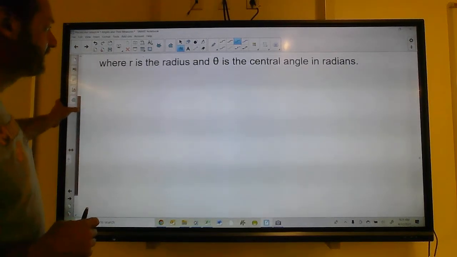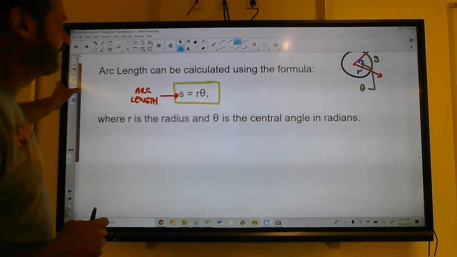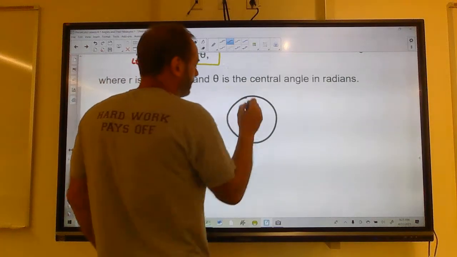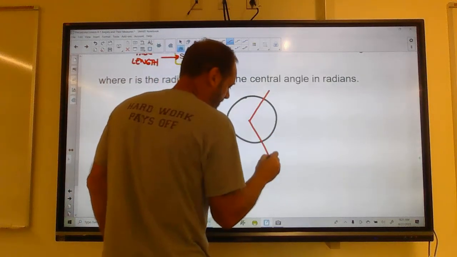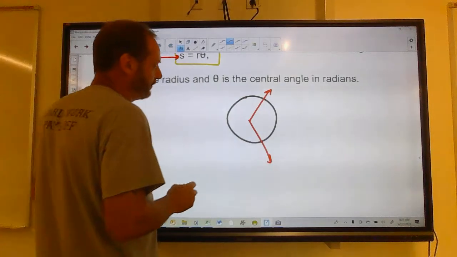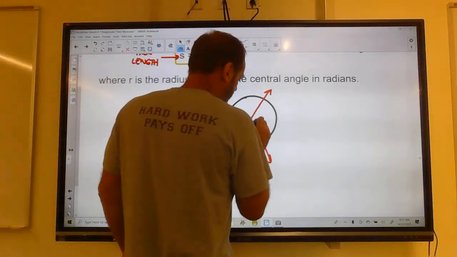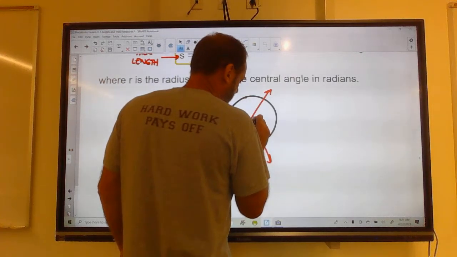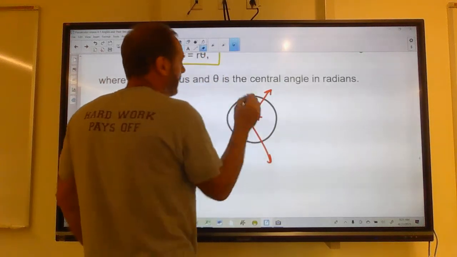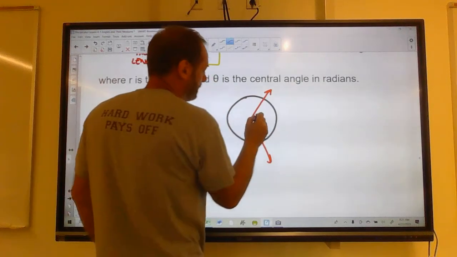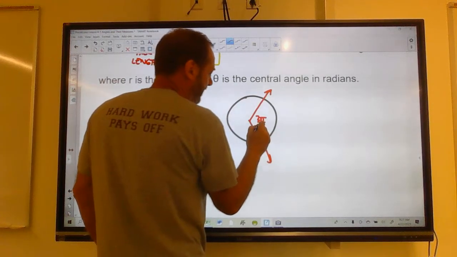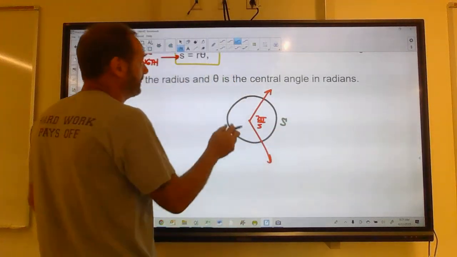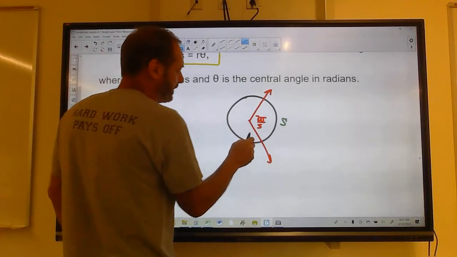So, let's have an example. Here's a circle. We'll say it's 2 pi over 5 radians. Find S. Oh, we need to know the radius. Let's say that the radius here is 12.